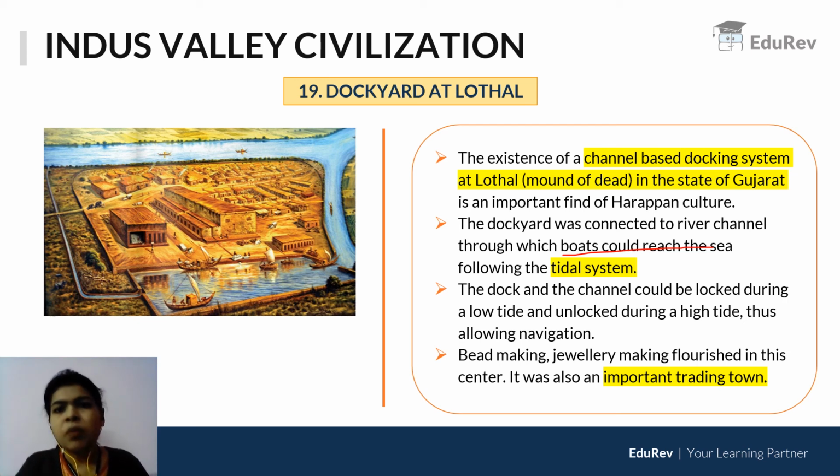So tides were profitably used for the boats to move from the rivers into the sea. When you have a high tide, it gets unlocked, and when you have a low tide, the channel could be locked. So this is one very important trading town.